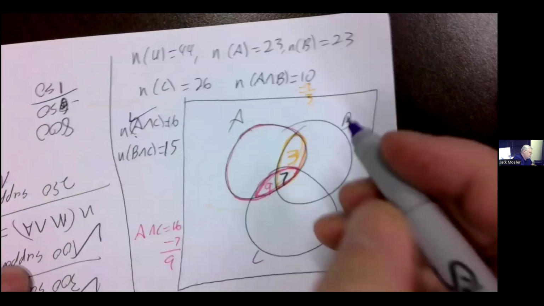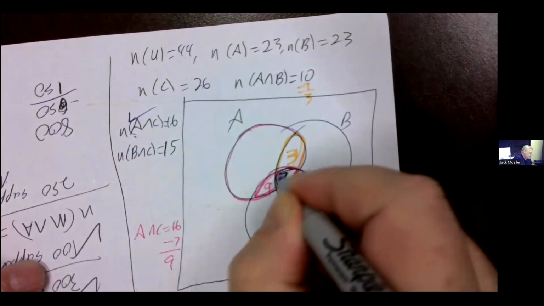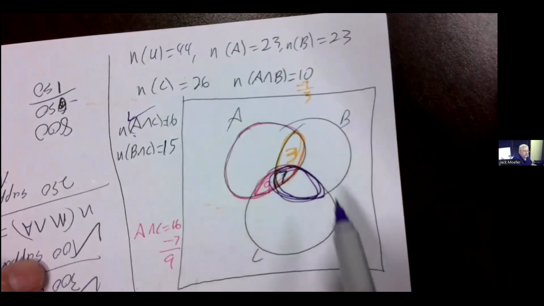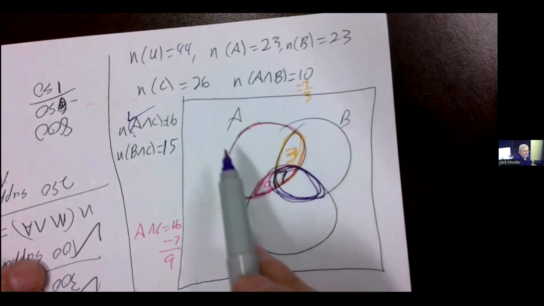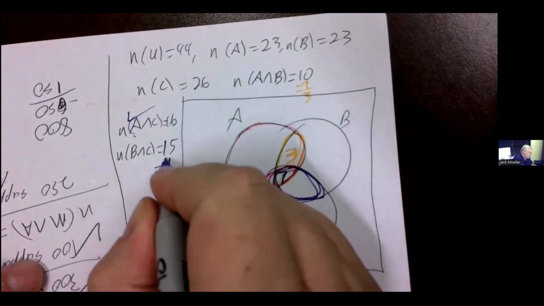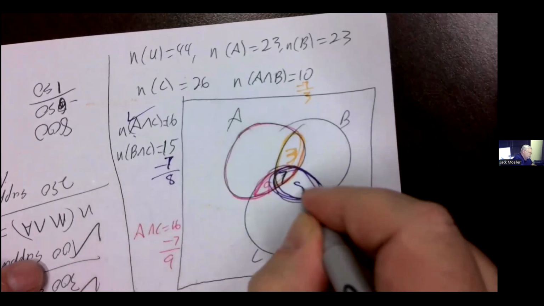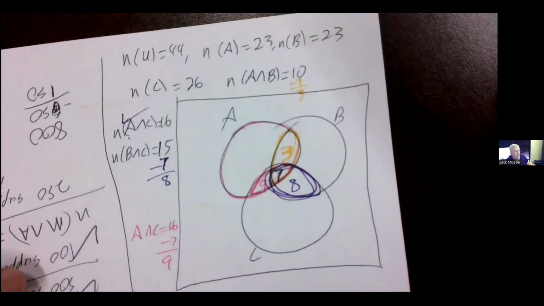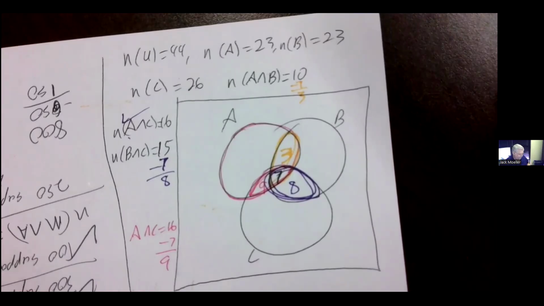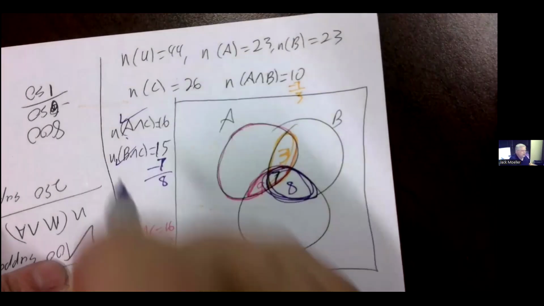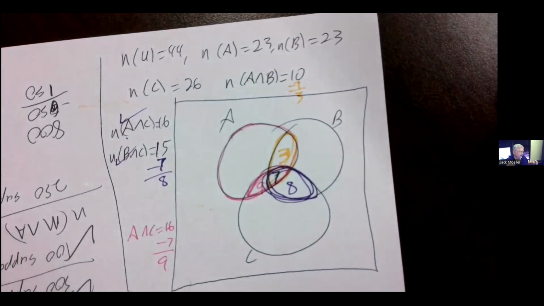Now B intersection C, there are those two regions. I've already counted 7. We need 15. That leaves 8 to go there. But this is what I mean. You start on the inside, work your way out, subtracting as you go. Because you've got to subtract what you've already accounted for.